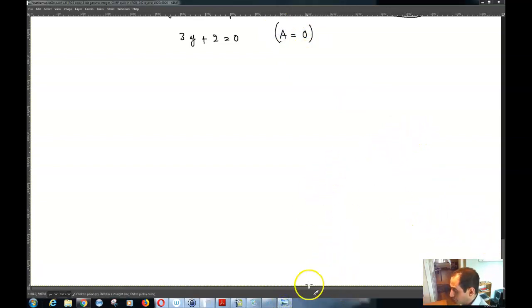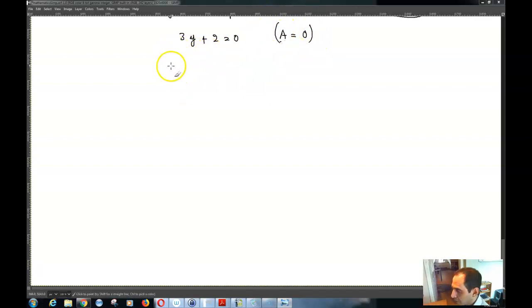intercept form, you cannot actually write this, because in the intercept form you are dividing by a, and you couldn't do that if a is equal to 0.